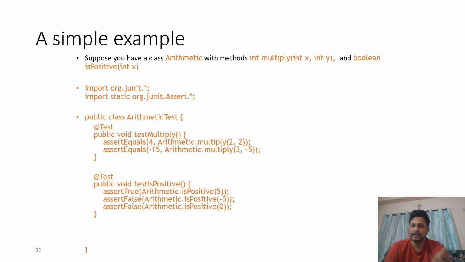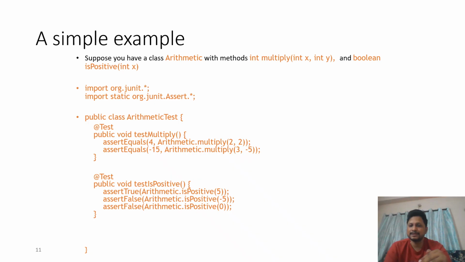For example, here arithmetic.isPositive is given a positive value, and what it returns should be positive, so I am using assertTrue, because my scenario should be positive. isPositive is a method that checks whether the value is positive or not.